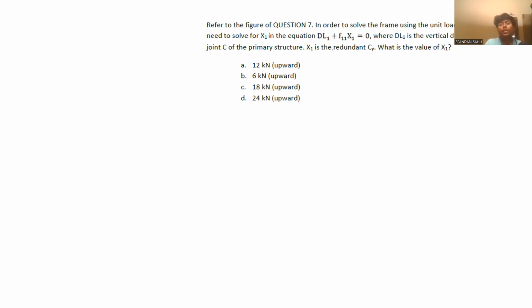Now you got DL1, you got F1, you have to calculate X1. One equation, one unknown. So you can calculate X1 as minus DL1 by F1. So minus 243 upon EI.